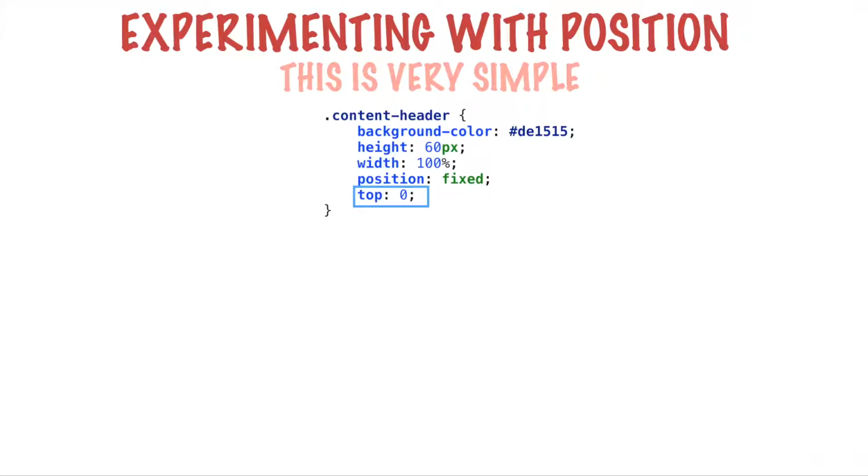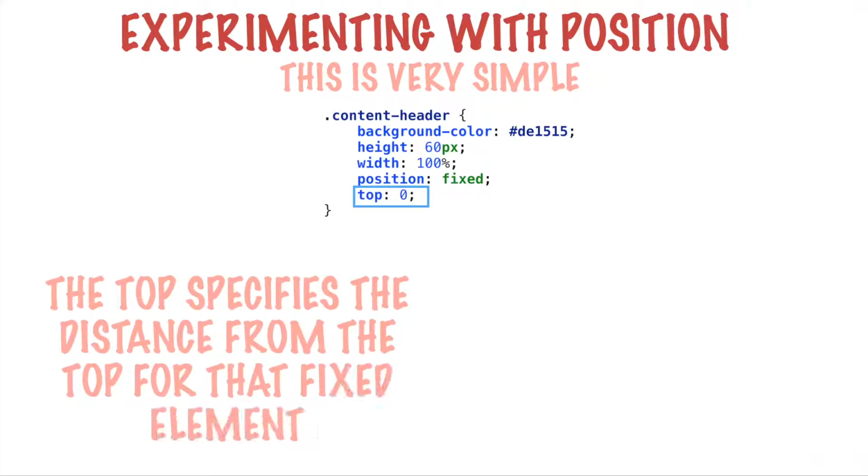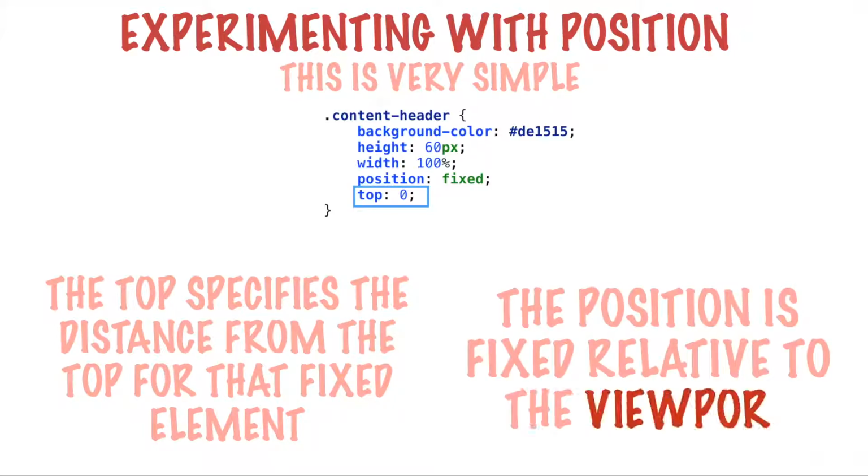Top: 0 basically means that you want to position this particular element at a certain distance from the top of the viewport. The top specifies the distance from the top for that fixed element. Bottom, left, right will similarly mean distance from the bottom, distance from the left, and distance from the right.